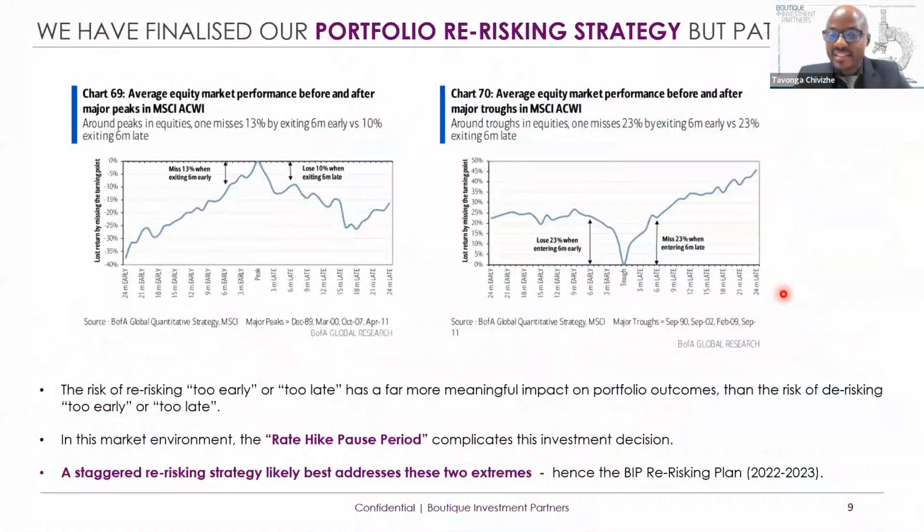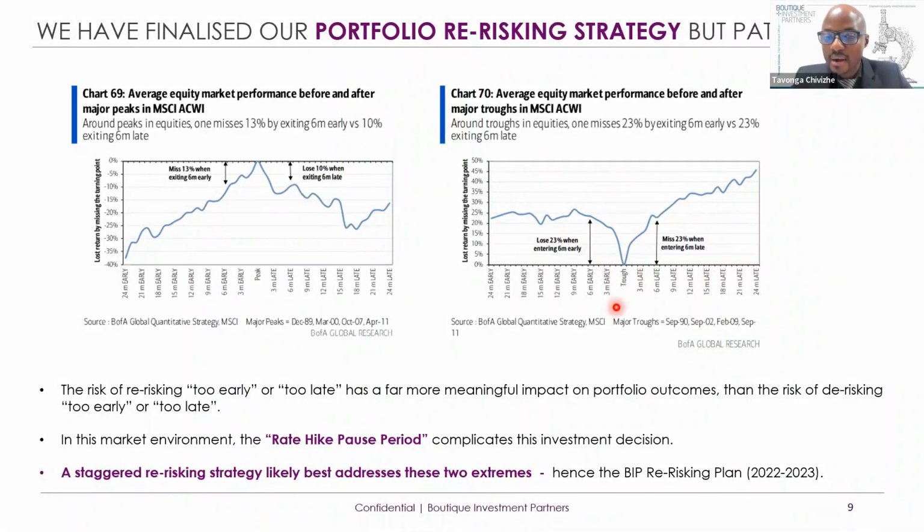What's clear, however, is that the danger of re-risking too early is far more destructive for capital growth than the one of taking profits. So we are quite aware that as much as we have a clear re-risking plan in place, we have to be extremely patient in how we execute this, because if we move into risk assets too early, historically, there is a very high chance that you lose about 23% too early, but equally, you cannot take too much time to balance out, meaning that we're going to have to figure out how to be patient on the one hand, but also not become too cautious when the opportunities start to arise.